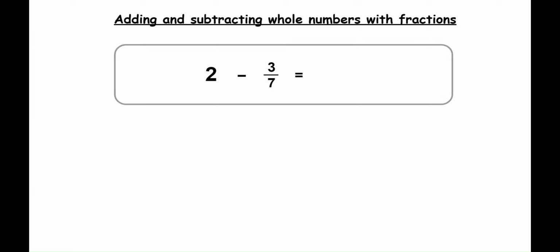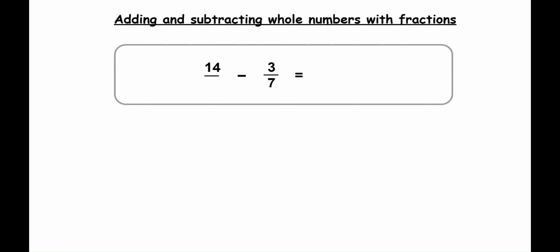So our first step is to multiply our whole number by the denominator of the other fraction. 7 multiplied by 2 equals 14. So 14 is going to be the numerator of the fraction we're creating.